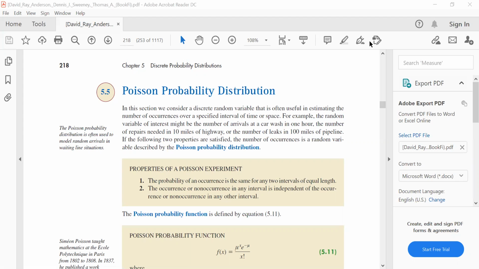Today, we are going to learn the Poisson distribution. The one probability distribution named after the French mathematician Simon Denis Poisson.